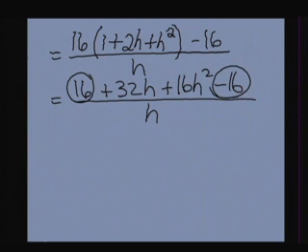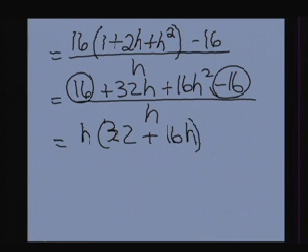I can factor an h out of both 32h and 16h squared, which leaves me with 32 plus 16h all over h. The h's cancel to 1, and so I'm left with 32 plus 16h.